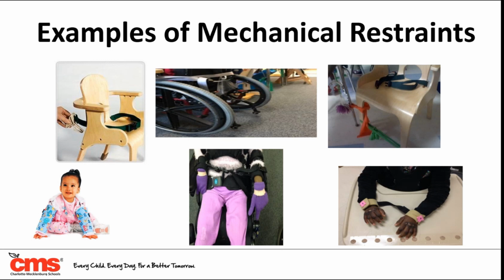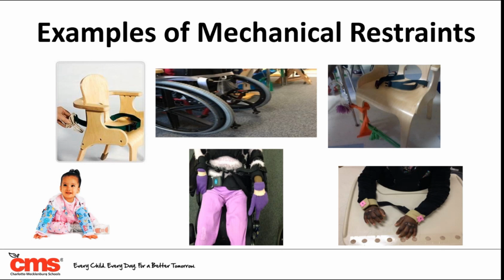Again, I just want to say that this is something that's going to be provided by your occupational therapist. Please consult with your occupational therapist before using something like this because it does have to be in the IEP. We want to make sure that we're describing its purpose, its function, and we also want to make sure that we are not taping kids because we don't want to be using tape for this. There are special gloves that you can use that have a little bit of like a locking mechanism.